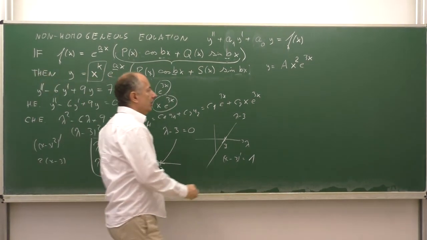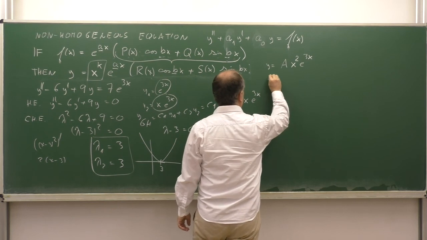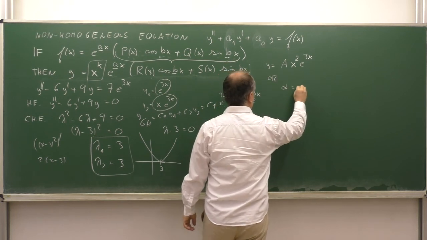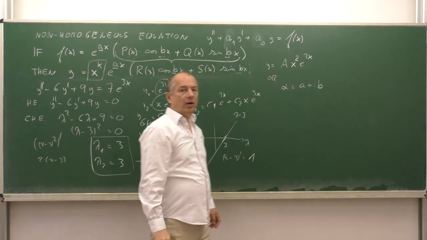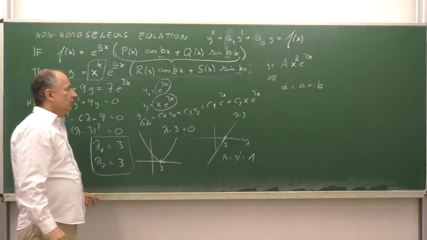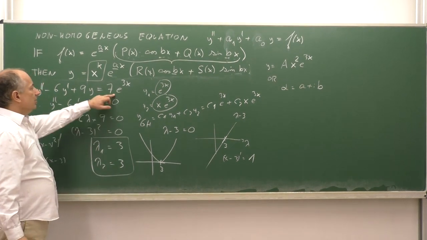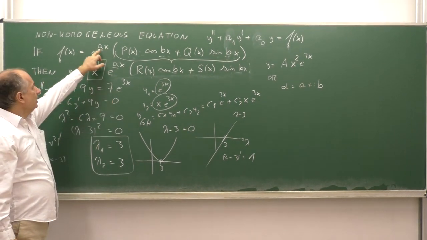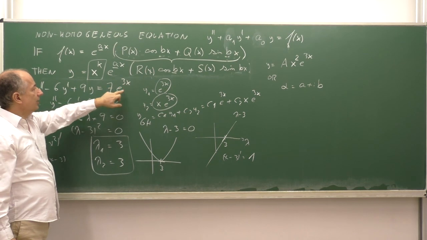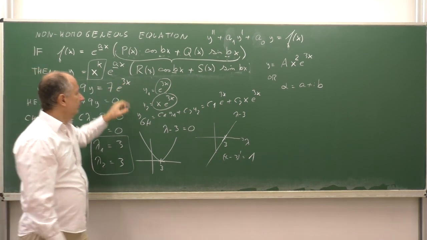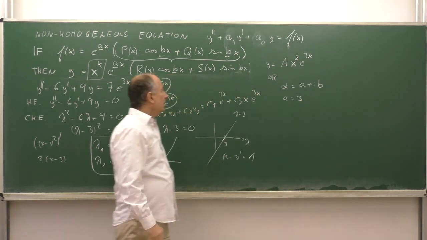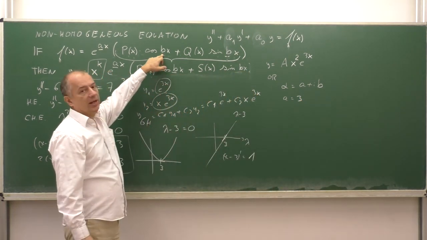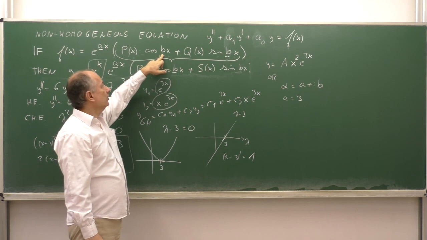Alternatively, we can build the number alpha, which is a plus ib, where a and b are the two coefficients from the right hand side. a is the coefficient at x in the exponent, 3. b is the coefficient at x in the arguments of sine and cosine.